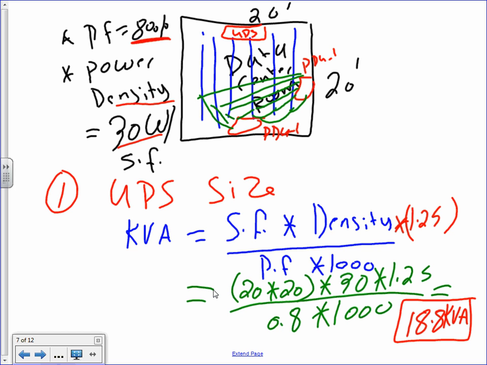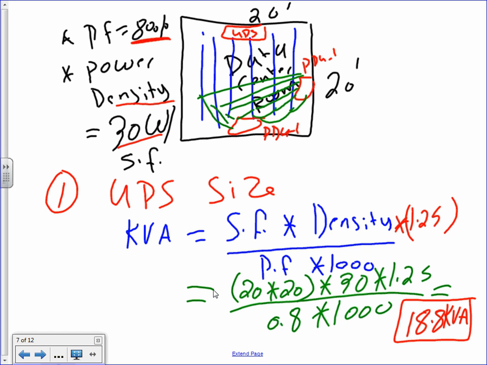The square feet will cancel each other in the formula. I just put watt per square foot because when you multiply by the square feet, you end up with watts. So if that was 150 watt per square foot, what do you do here instead of 30? You just put 150. Same calculation. In your case, guys, you're going to calculate it based on 150.